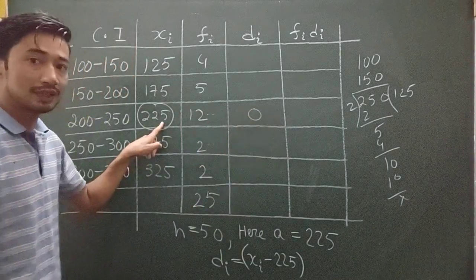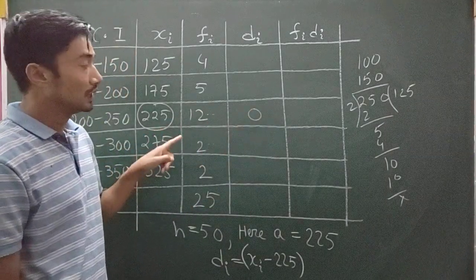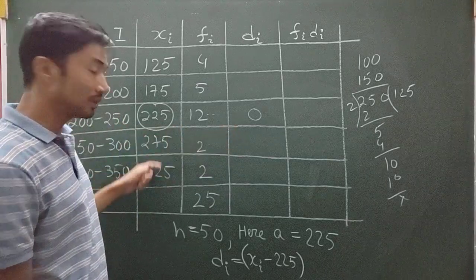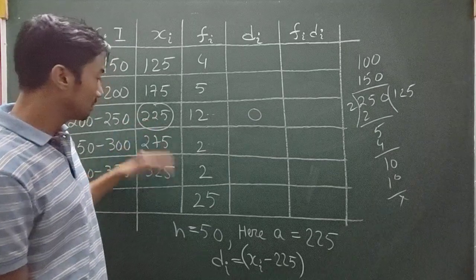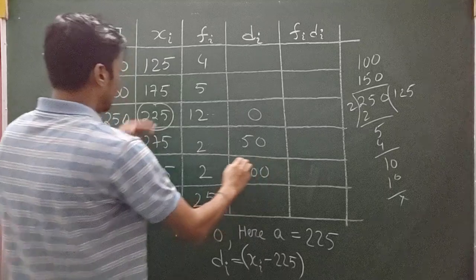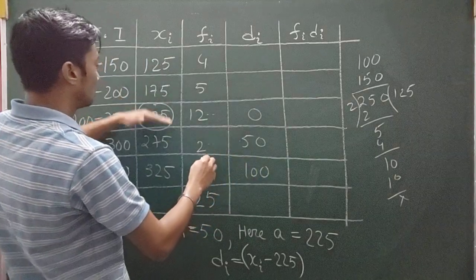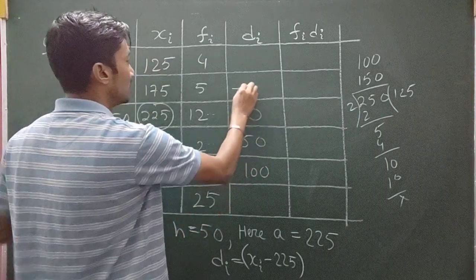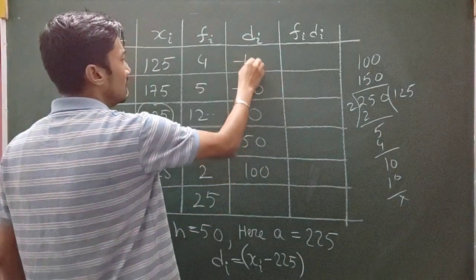Now, after that, what did I say? Class width was 50. For the higher values below, we will increase by 50: 50, 100. And for the values lower than 225, sequentially we will decrease by 50: minus 50, minus 100.